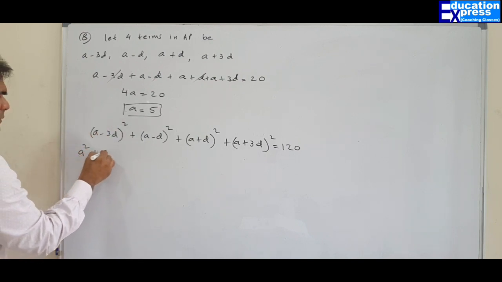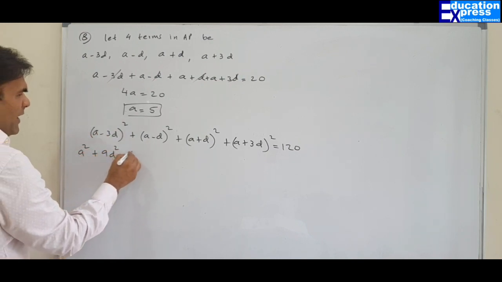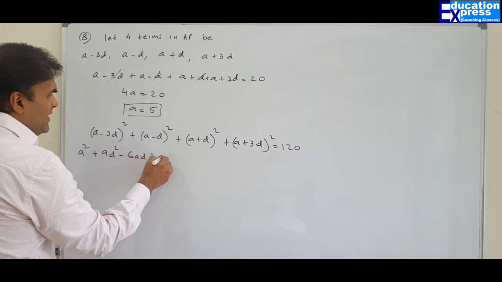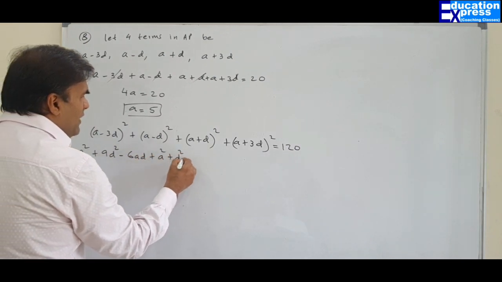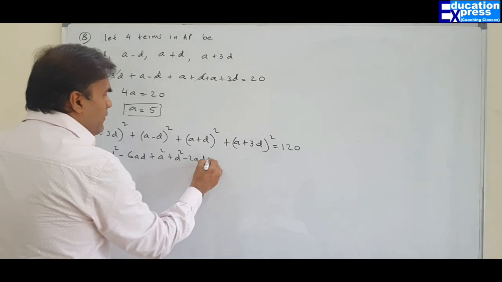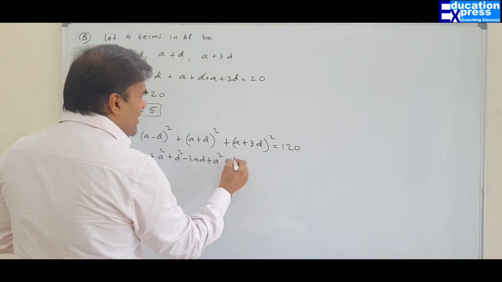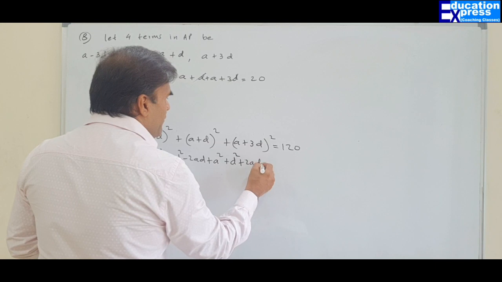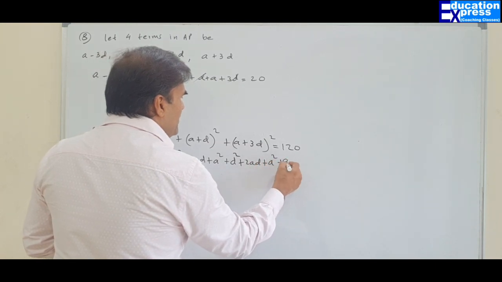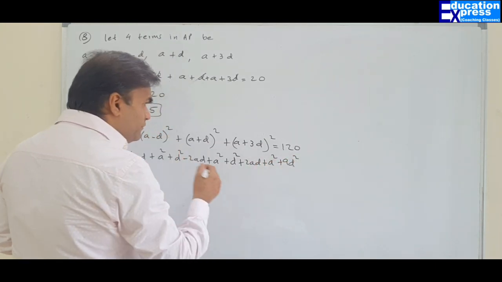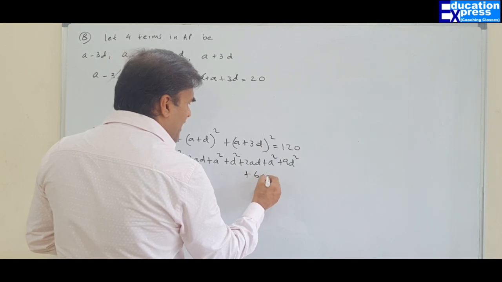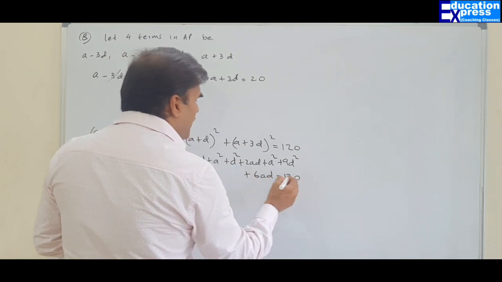A square plus 9D square minus 6AD plus A square plus D square minus 2AD plus A square plus D square plus 2AD plus A square plus 9D square plus 6AD. That will give you 120.